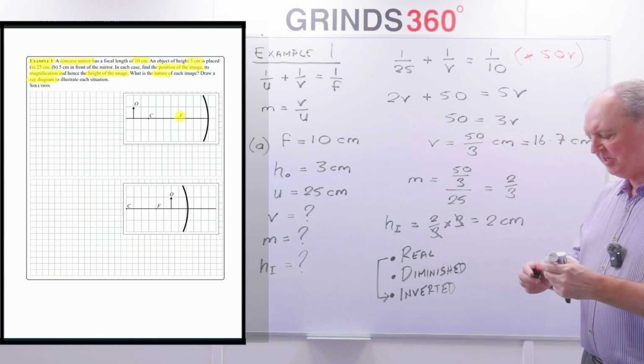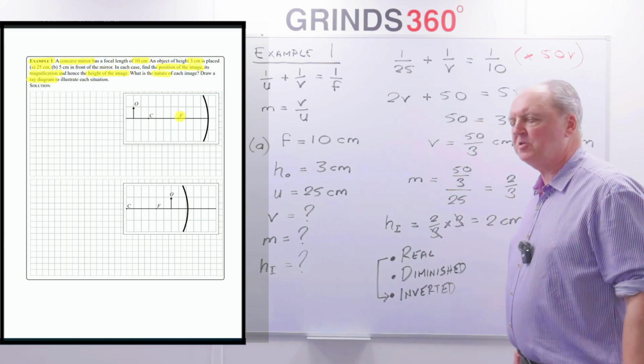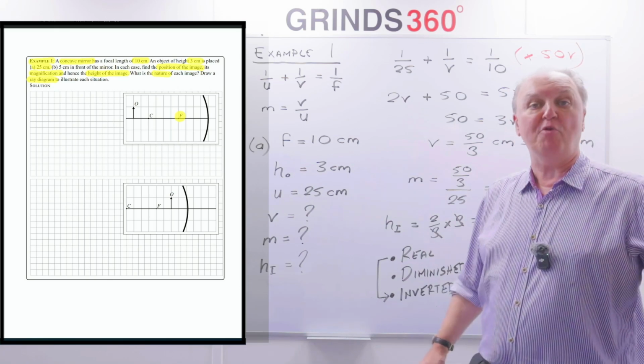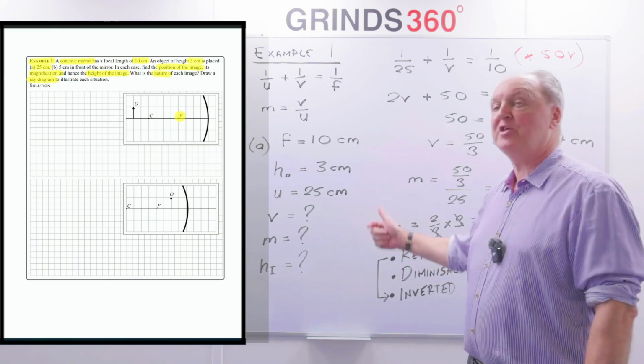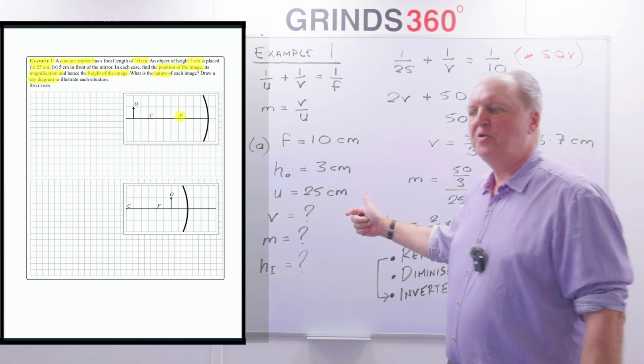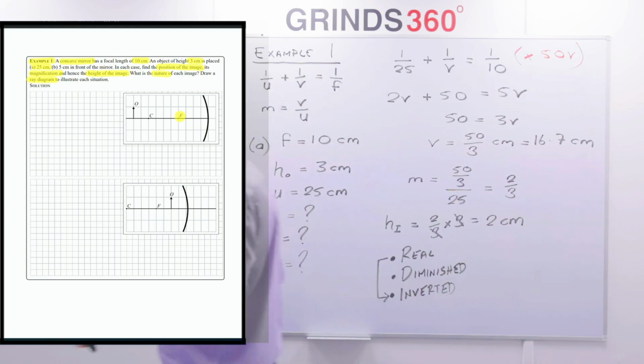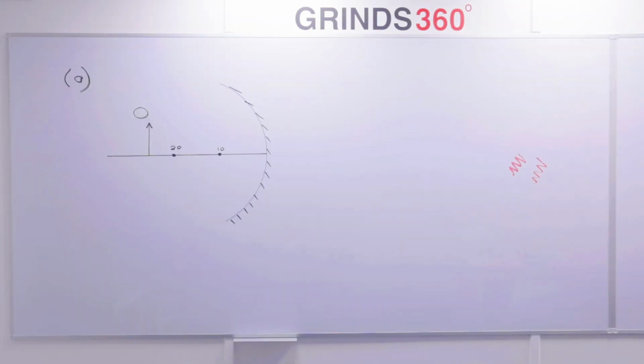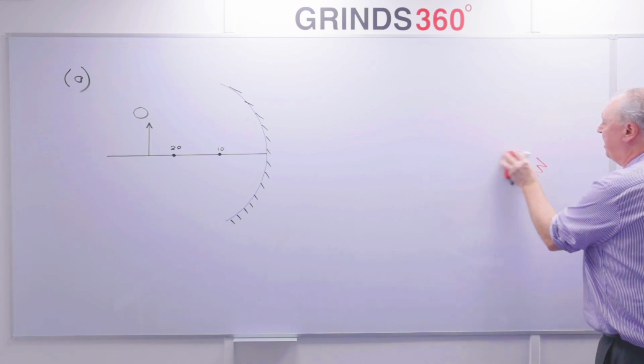And then the last thing they're asking me to do is draw a ray diagram of it. Like we solved that problem mathematically, we can now solve it using ray diagrams. So here's my diagram.